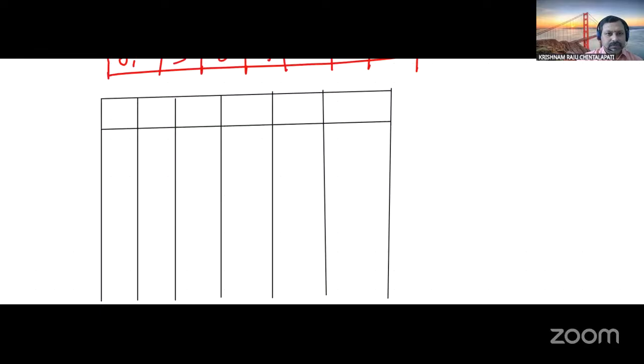So first one is xi, second one is fi, third column fi xi, fourth column xi minus x bar, fifth column xi minus x bar whole square, and the last one is fi times xi minus x bar whole square.